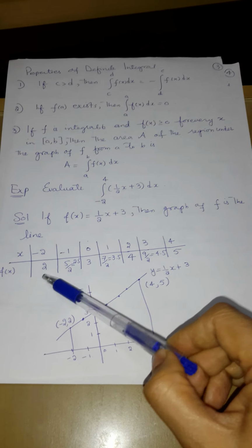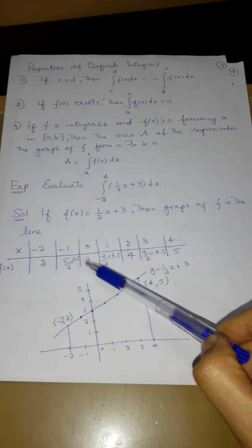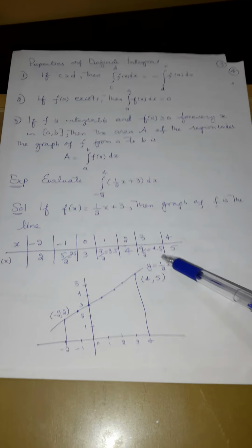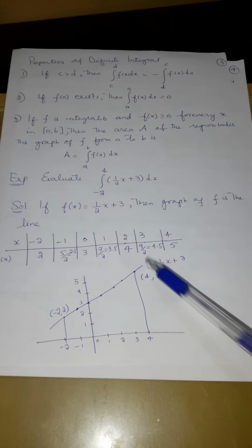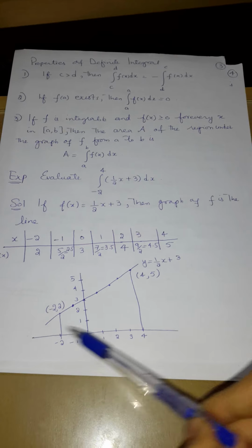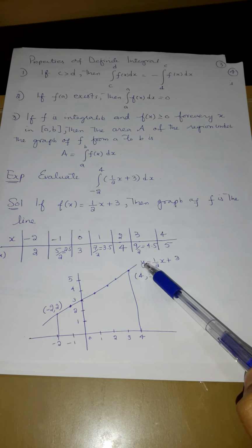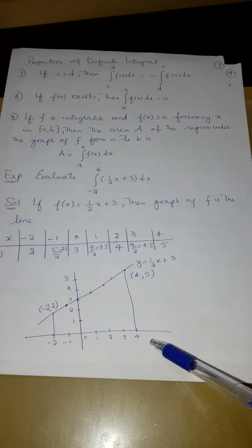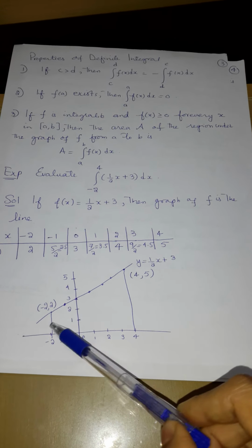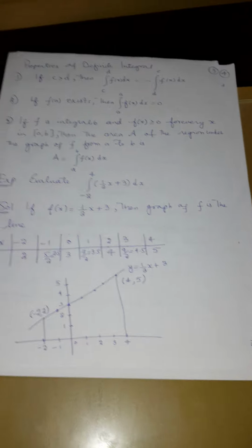Substitute these values and you will obtain the corresponding function values. Now we will plot these values on the diagram. We will have this straight line from -2 to 4, and the area is under this graph.